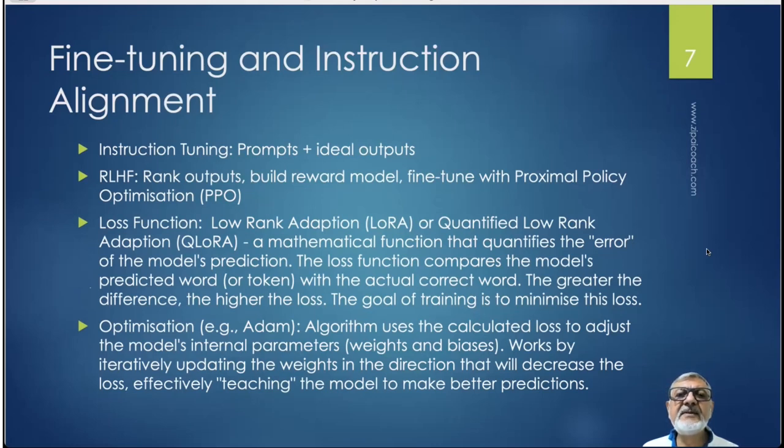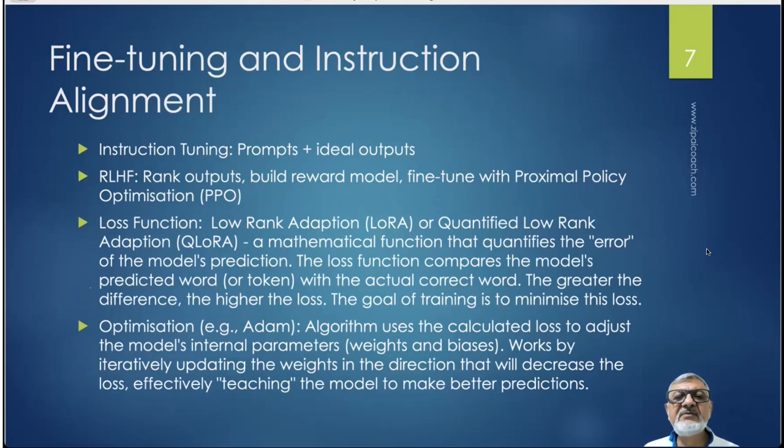So there is a technique called the loss function, a mathematical function that quantifies the error of the model's prediction. The loss function compares the model's predicted word or token with the actual correct word.